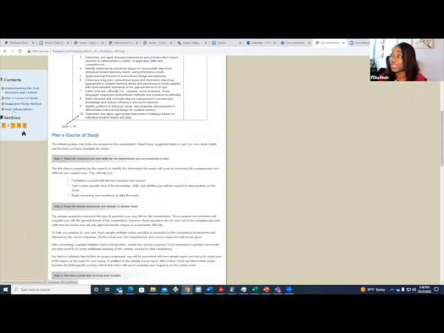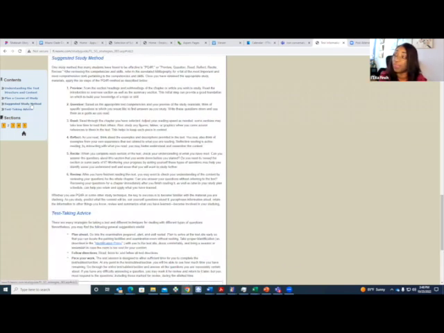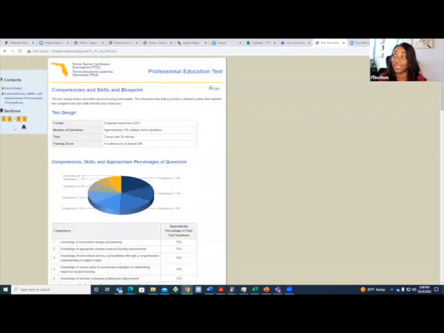If you look at the contents of this particular section, understanding the test structure, plan of course study, suggested study method, and when you click on it, it just brings you down to that piece of text. The third section is the competencies and the skill and blueprint of the actual test.